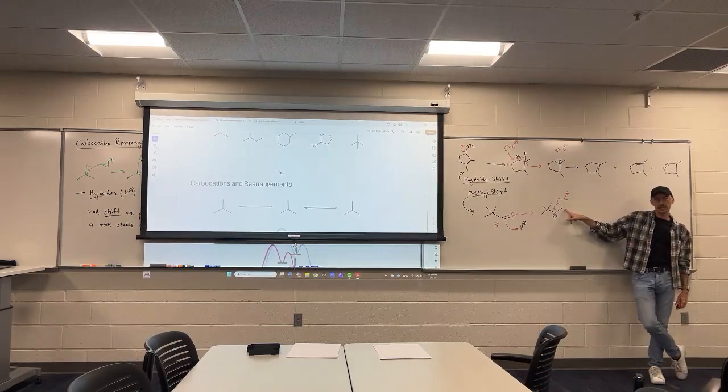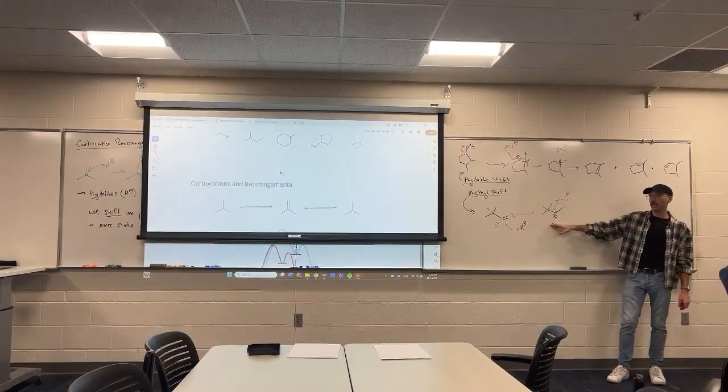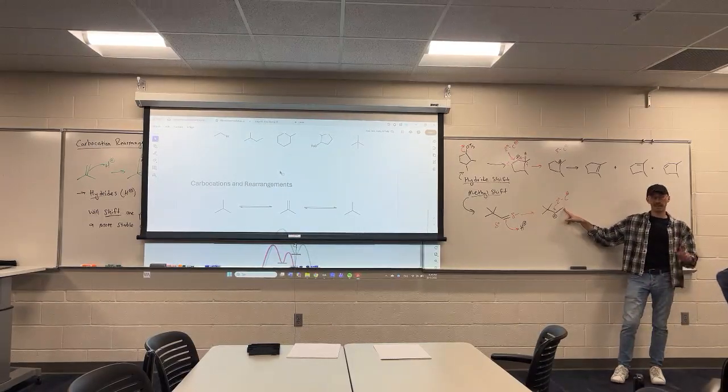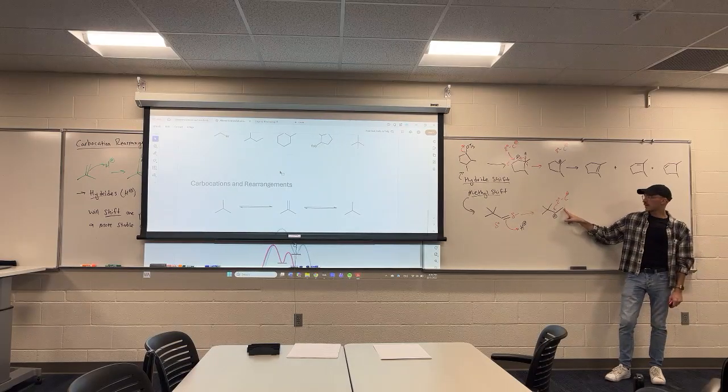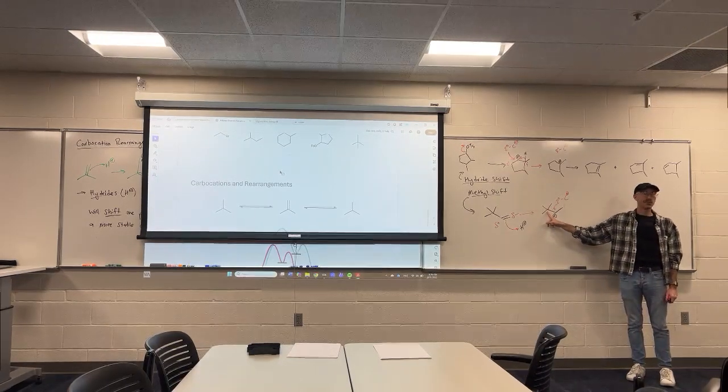If I take a hydrogen from the primary carbon and I shift it over and I leave a primary carbocation, is that more stable than what I currently have? No, so it won't happen. Is there a hydrogen on the quaternary carbon to the left? No, so I can't do a hydride shift.